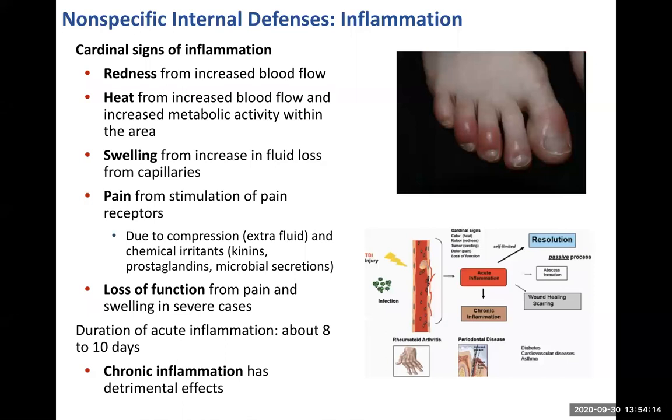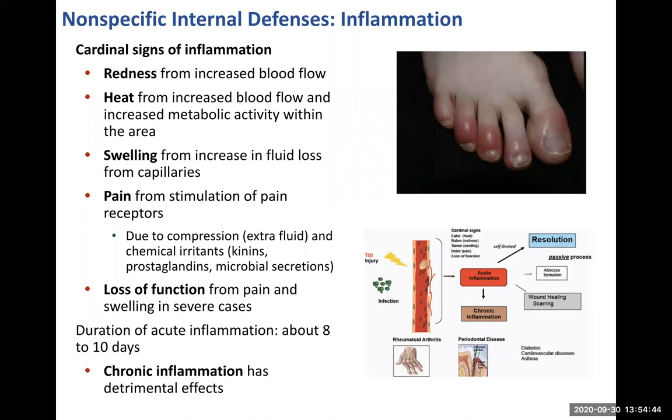So kinins, bradykinin for example, is getting a lot of press right now because there's strong evidence to suggest that we get an out of control bradykinin response during COVID-19 infection. So bradykinin is one of those proteins that helps to stimulate pain receptors.